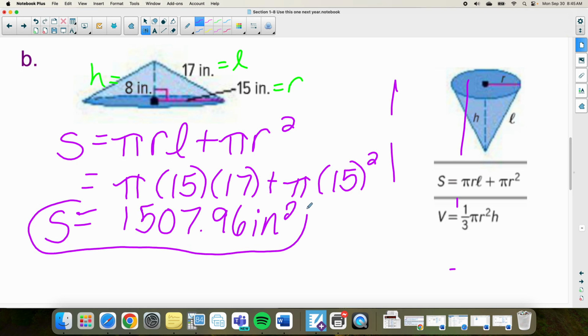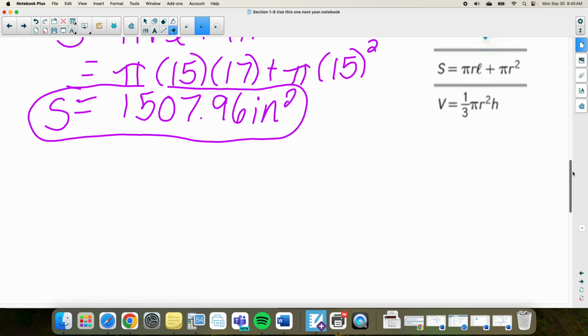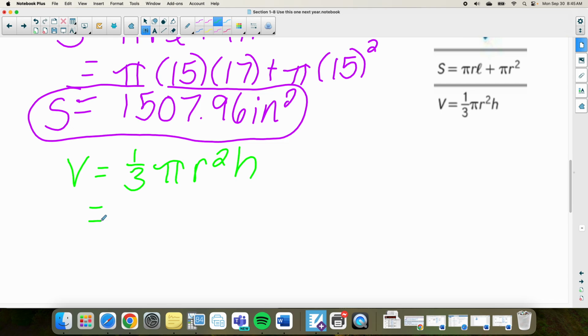And then the last thing we have to do is find the volume of that, and that's shorter. But we do have to use a fraction again, but hopefully you're comfortable with that now. So let's write down our formula. It's 1/3 pi r squared h.